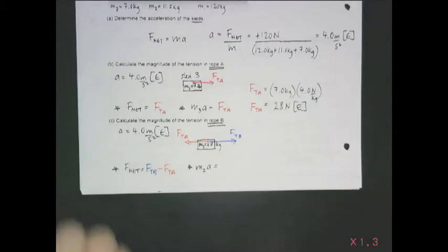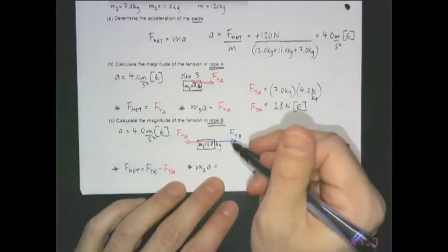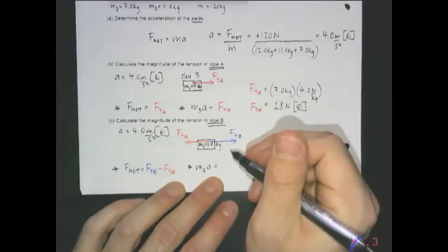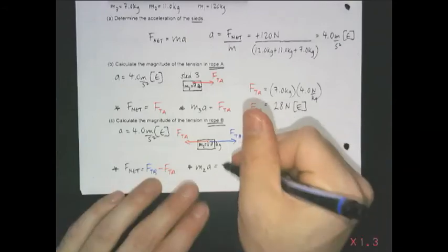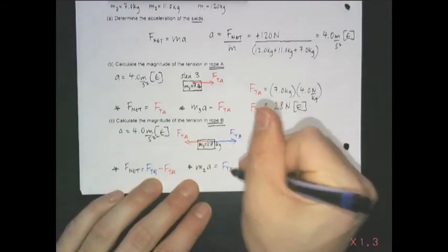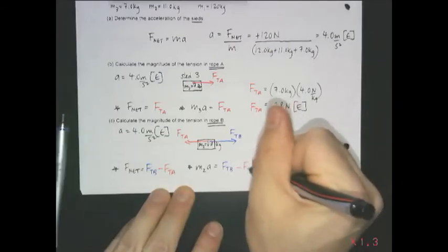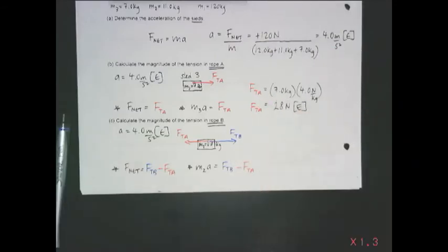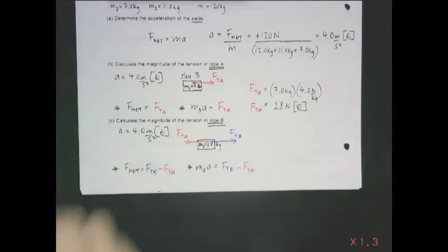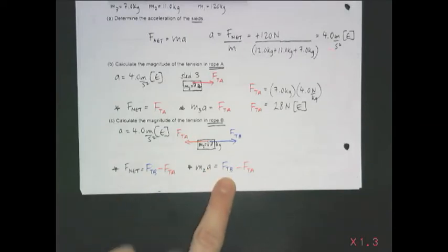Okay, in the second step, we're going to replace it with the equation, so we get force of tension B minus force of tension A. Now all we want to do is solve for the force of tension B. So we have to get the force of tension B by itself. How do we get it by itself?